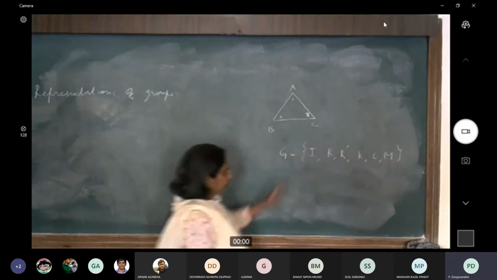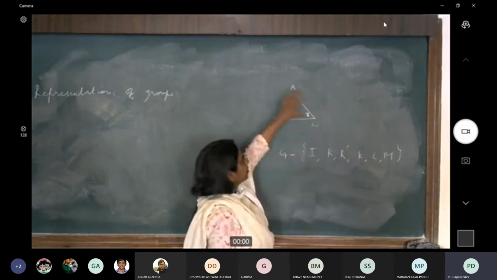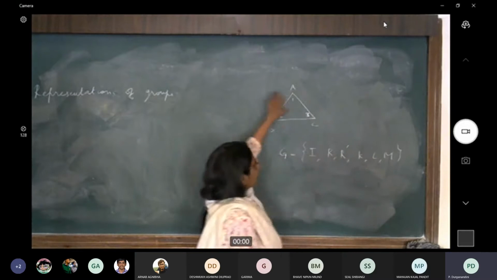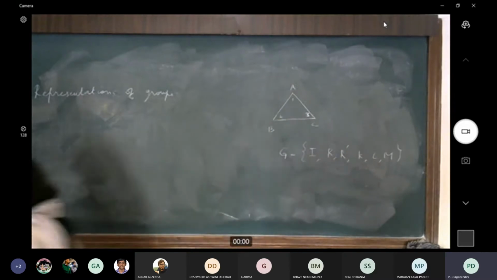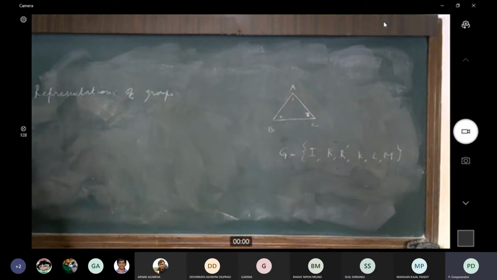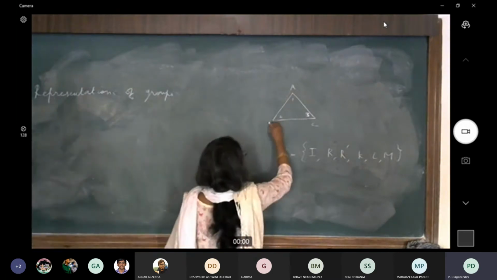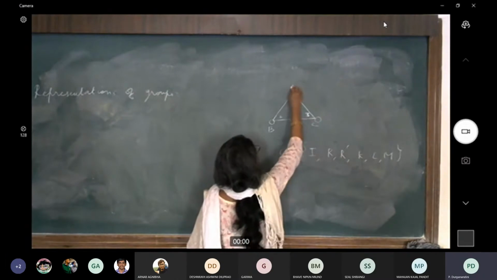So I had these 6 basic operations, and any combination of these operations will leave this equilateral triangle invariant. Now imagine that at the corners of this equilateral triangle, I have say some atoms in it.